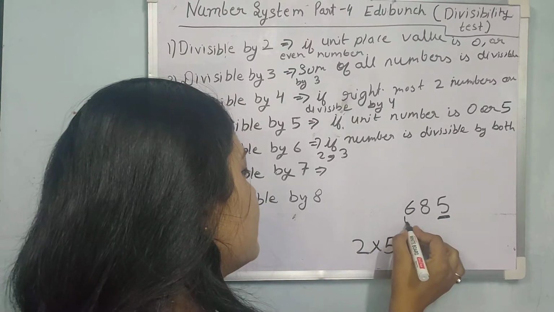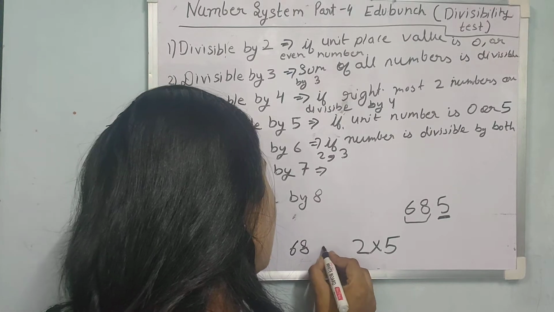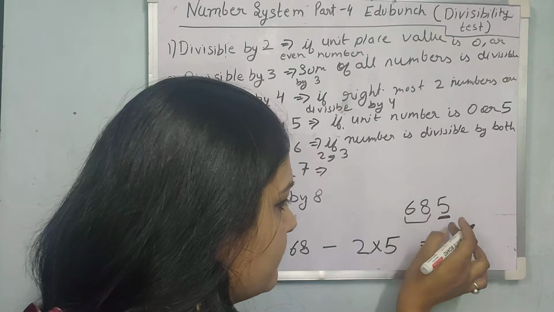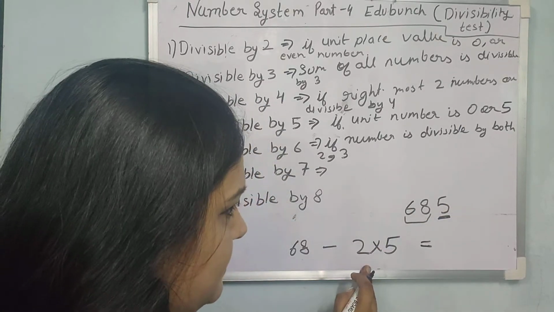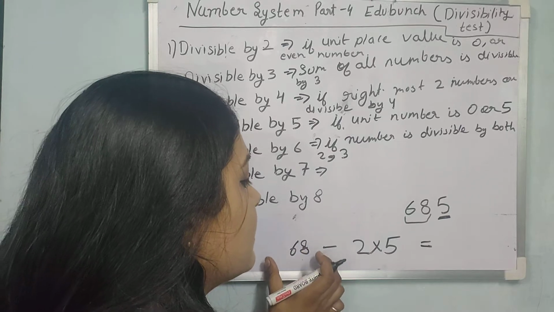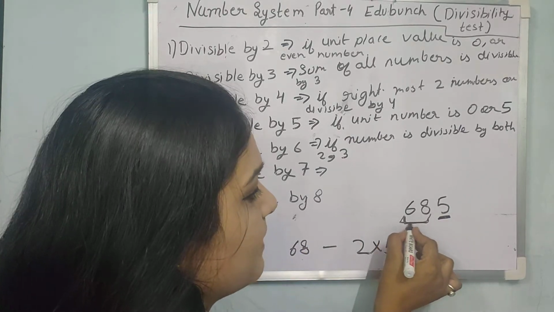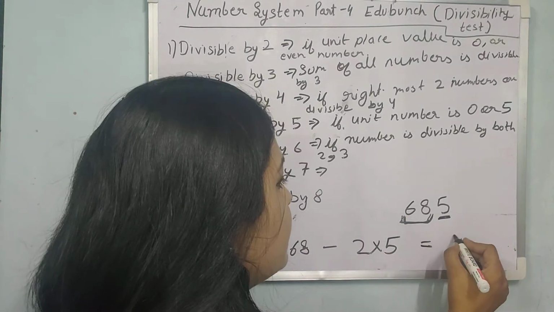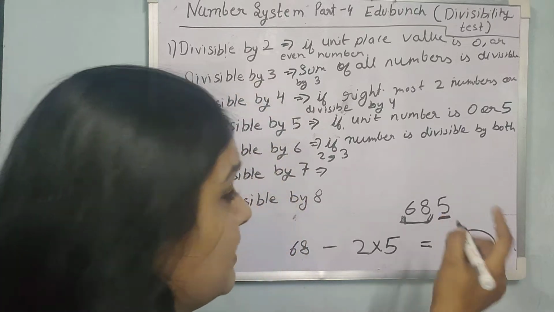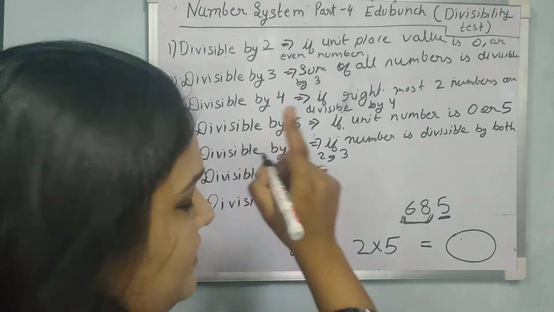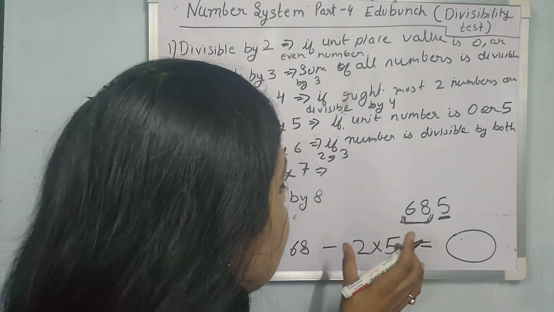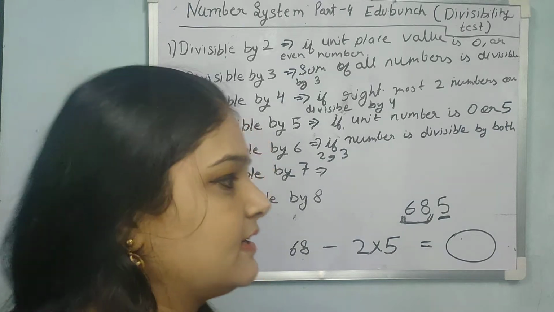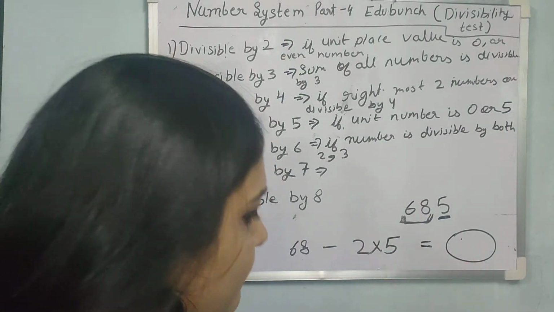Then we write the number 68, and we subtract twice the unit place from the rest of the number. If the result is a multiple of or divisible by 7, we can say the whole number is divisible by 7. Otherwise it can't be a multiple of 7.